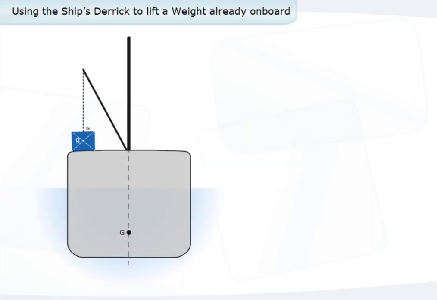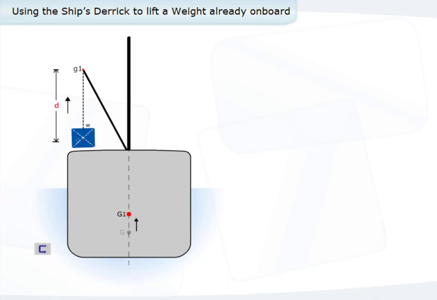A weight already on board is lifted from the deck using the ship's derrick, which is plumbed directly over the weight. As the weight is lifted off the deck, the centre of gravity of the weight will instantly move vertically upwards to act at the point of suspension, the derrick head, and the centre of gravity of the ship, G, will move accordingly.